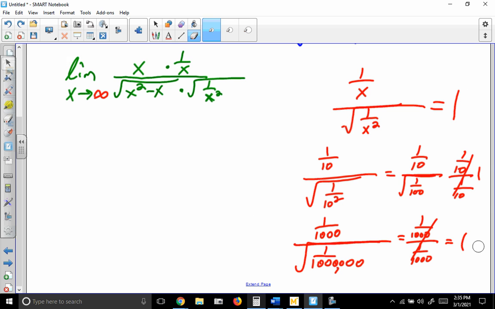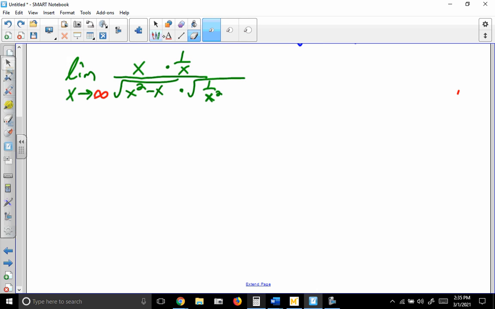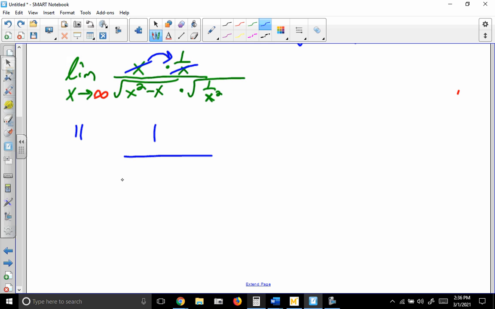So let me erase this so we have room. If we distribute, on top, the x and the x would cancel, leaving us 1. Since this is under a radical and this is under a radical, we can distribute. We can do x squared times that. Well, x squared on top, x squared on bottom would cancel, leaving us 1.